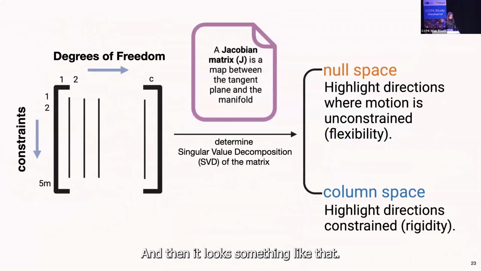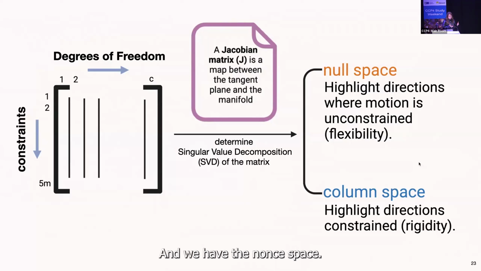It looks something like that. You have the degrees of freedom as the columns and the constraints as the rows of the matrix. Then we can determine the singular value decomposition of the Jacobian matrix, decomposing the main matrix into three different matrices that are easier to interpret.